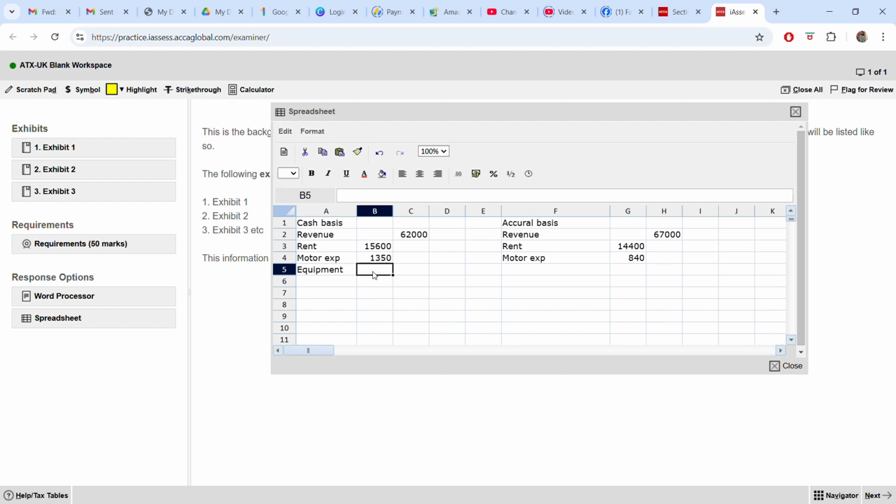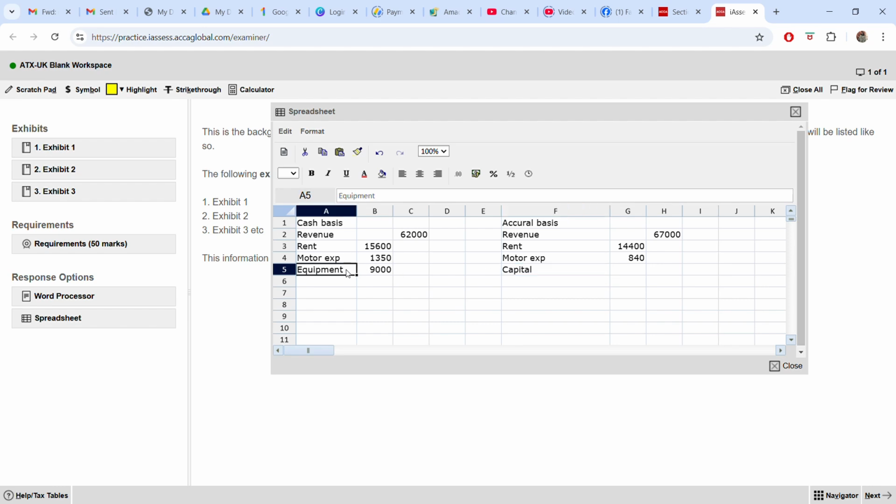So how much did you purchase? It was 9,000 at the start of the year, so no need to time apportion. Here, equipment 9,000 you can't deduct, but rather you can claim capital allowances. What is capital allowance?